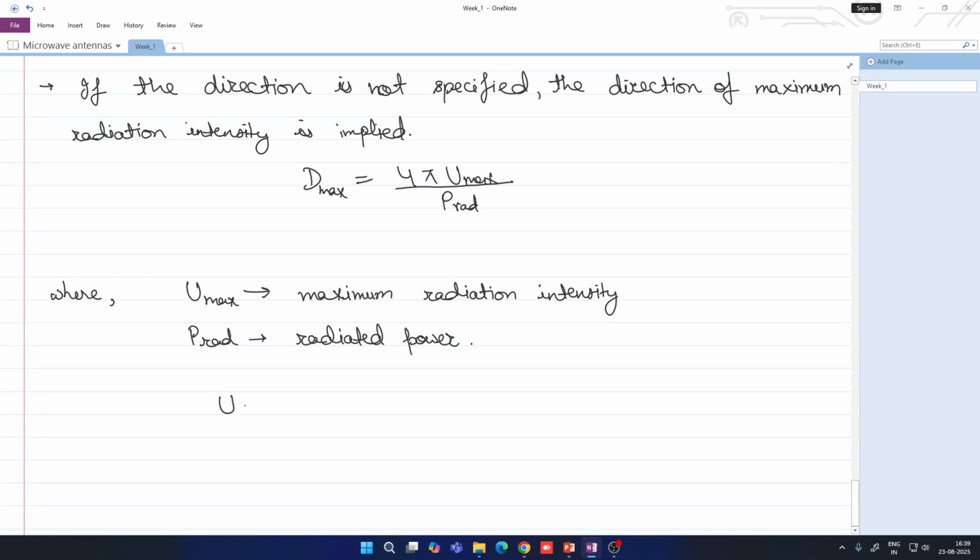The radiation intensity, written for our specific case, is U equals U naught into 1 minus sine square theta cos square phi for the dipole antenna which is oriented along the x-axis.